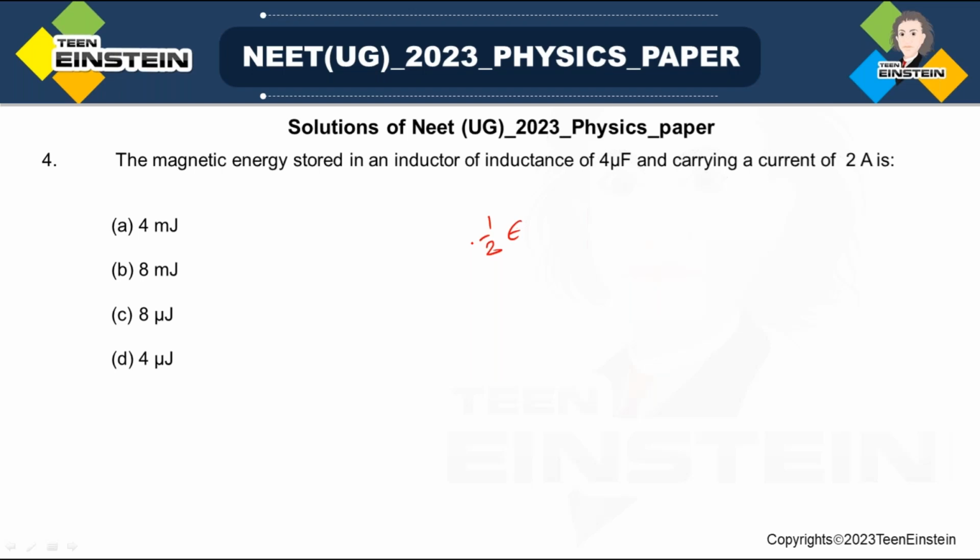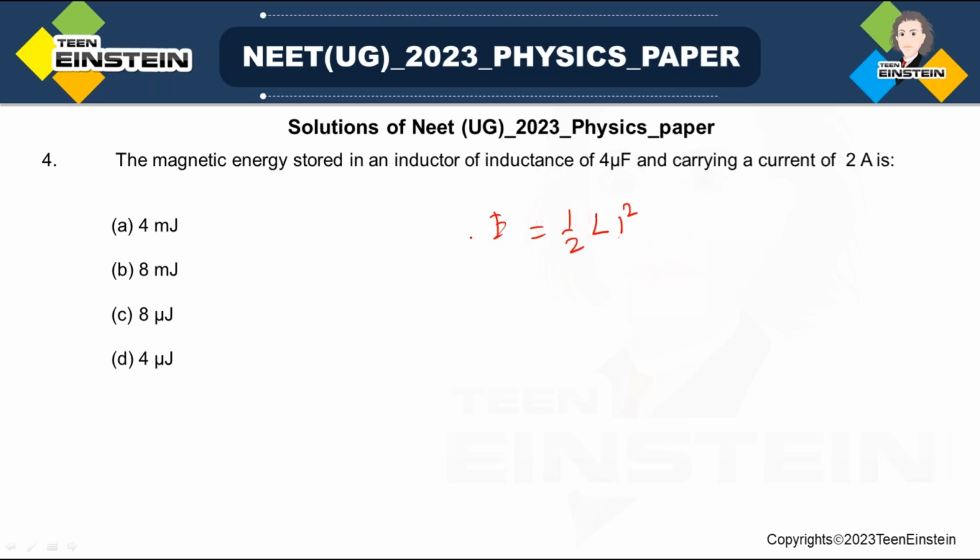So what is the energy? Energy actually, this is the energy, half L. I'm sorry, this mu will not come into the picture. So half L I square. This is the energy.